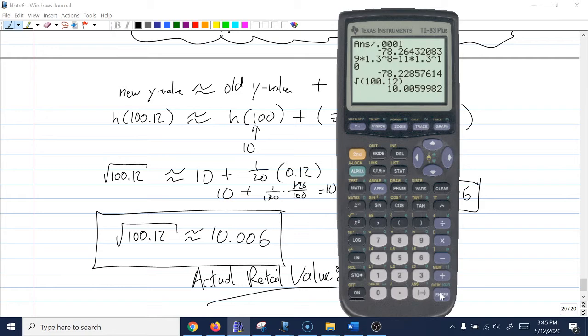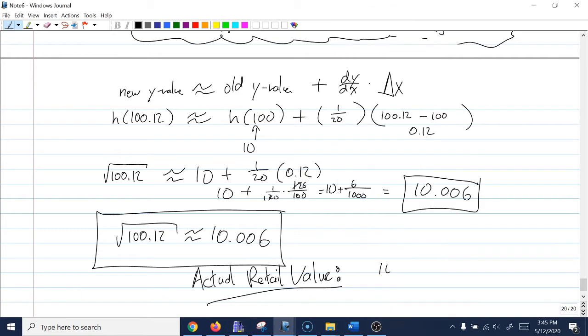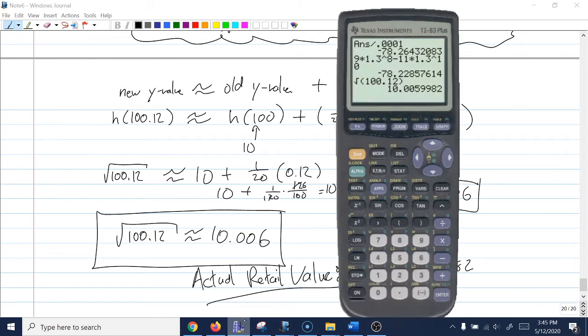It's 10.00599982. How far off were we? If I subtract, our guess was 10.006. We're off by this 1 point.